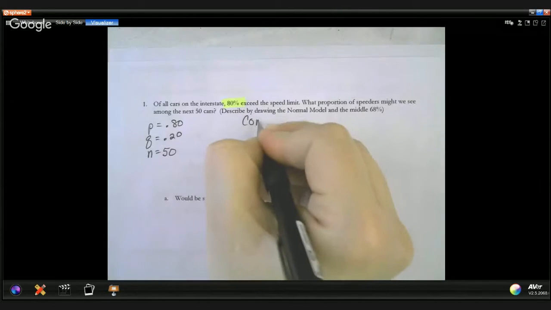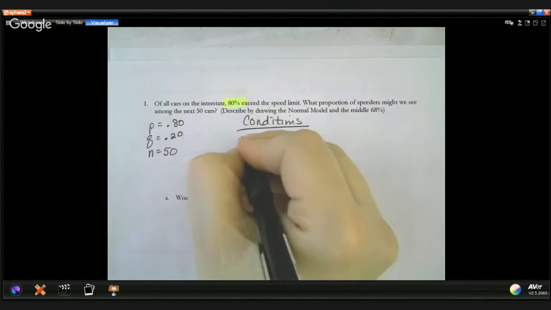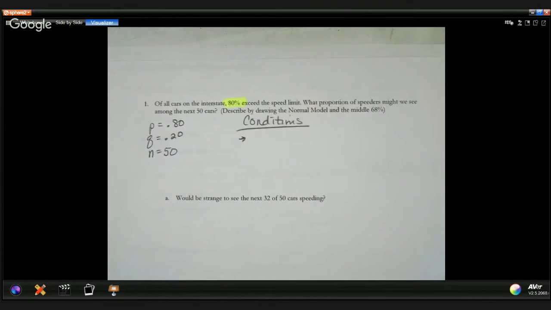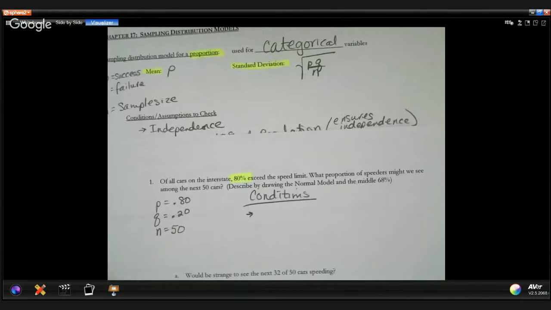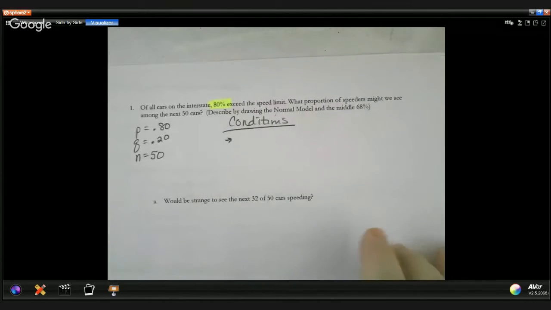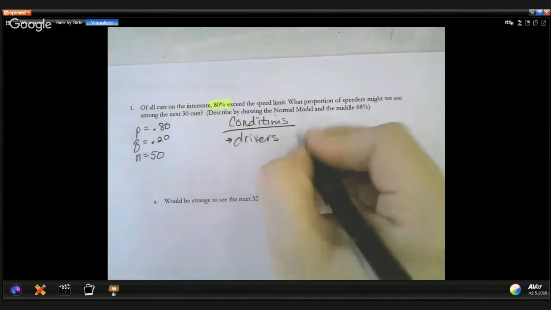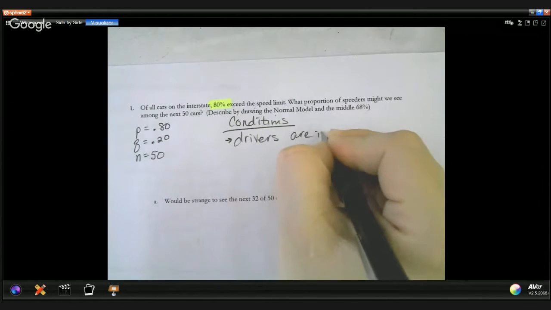Okay, so we need to check our conditions. The first condition we have is, is it independent? Well, I would say, and most people would agree, that yes, cars drive independently of each other. Drivers are independent of each other.